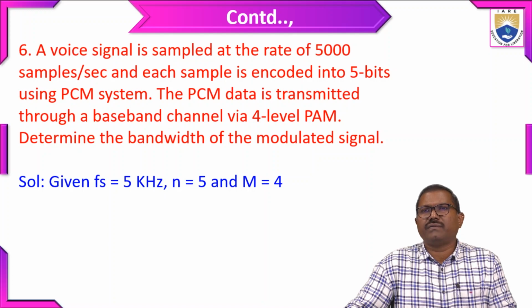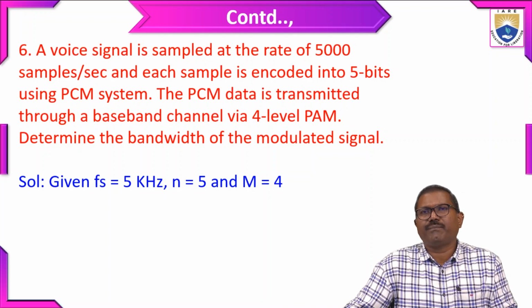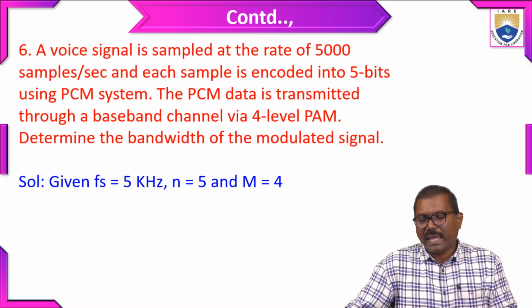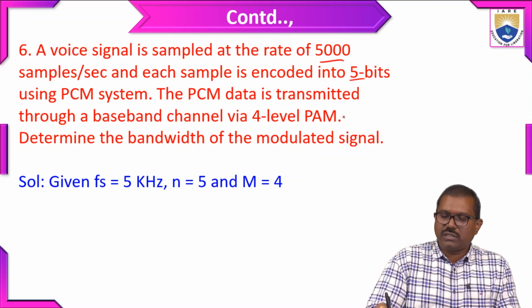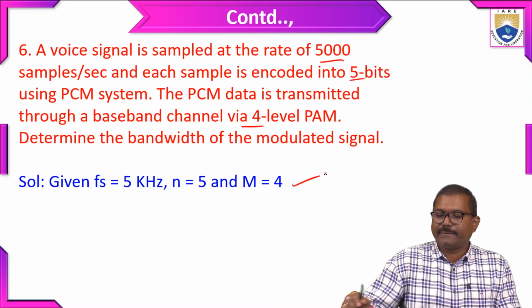Determine the bandwidth of the modulated signal. First write the given data: Fs equal to 5 kHz, N is 5 bits, and the level of PAM is 4.